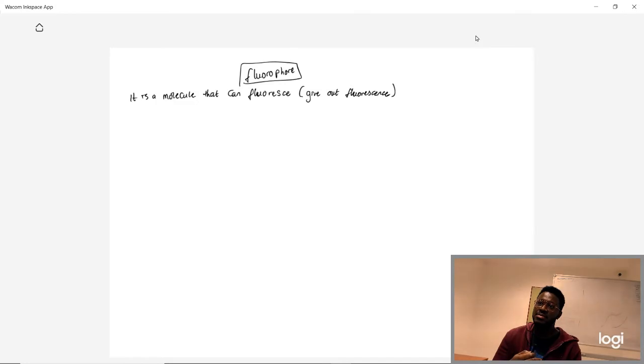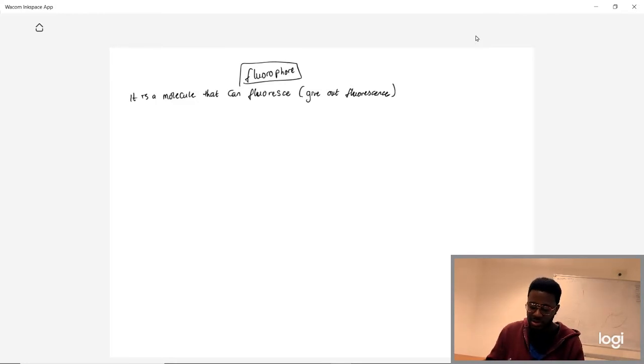In the collision quenching, the intersystem crossing does separate from S1 to T1. So it makes the molecules in T1 increase, right? But they're still excited. Exactly. So a fluorophore is a molecule that can fluoresce.